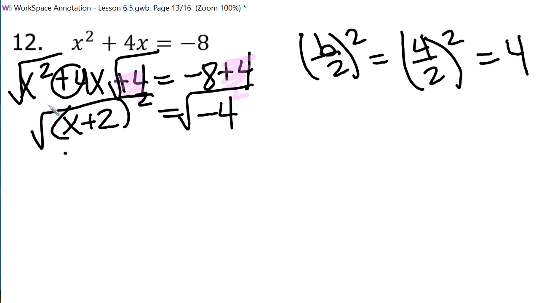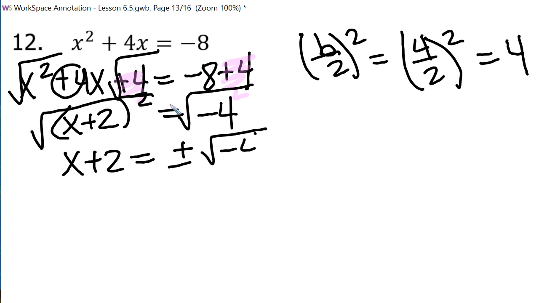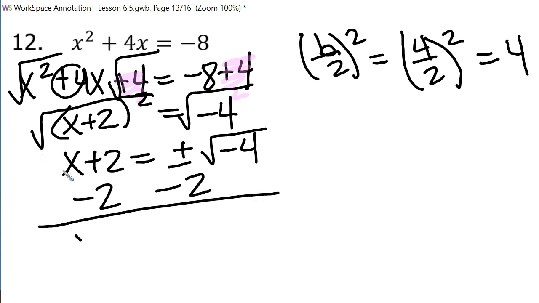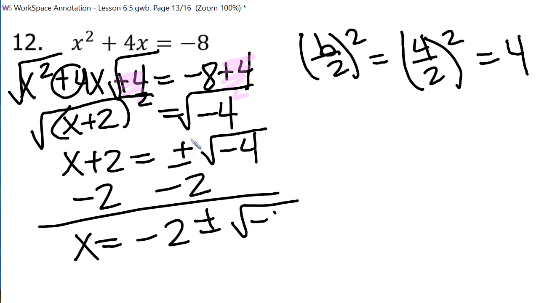They cancel, so bring down your x plus 2. And that equals plus or minus the square root of negative 4. What's the next step? Subtract 2 from both sides, which is x equals negative 2 plus or minus the square root of negative 4.